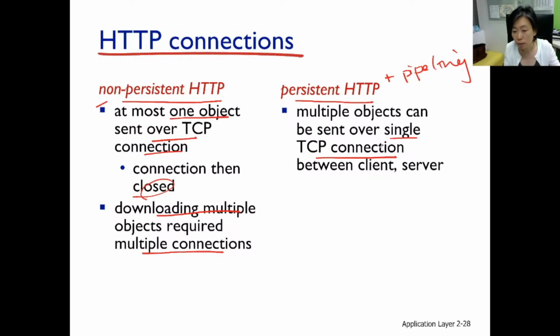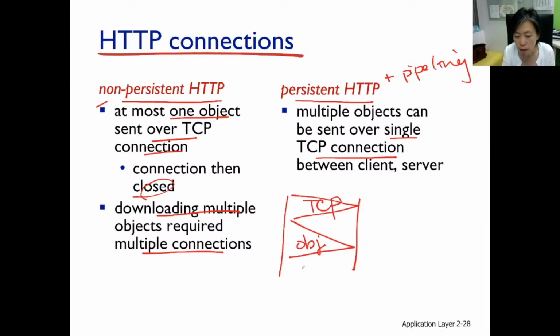One single connection to send all the objects. Now, the basic persistent HTTP mode works more like that. You have one exchange to establish the TCP connection, and then it's just object 1, object 2, and then object 3.